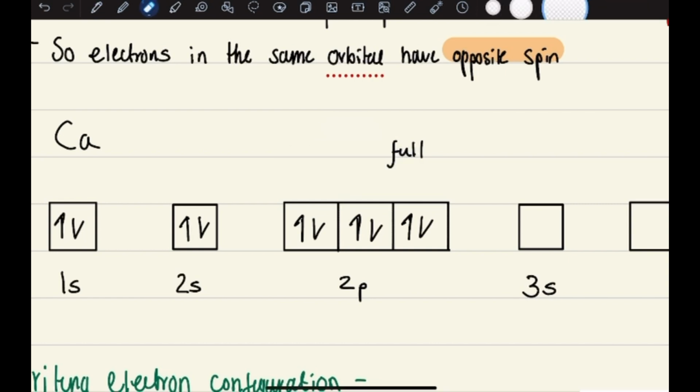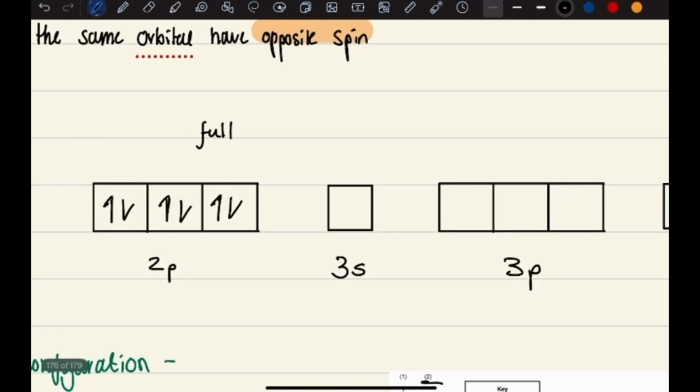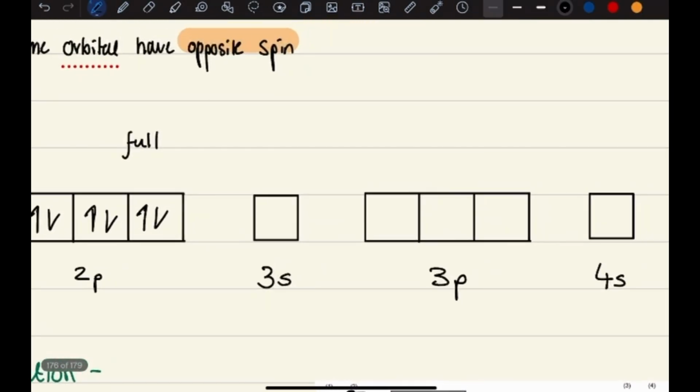Putting 1 in each orbital is more stable than filling up each orbital individually. So we do 1 in each orbital, half full, and then we finish it off and fully fill it.